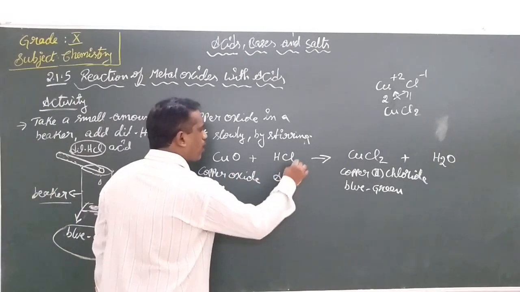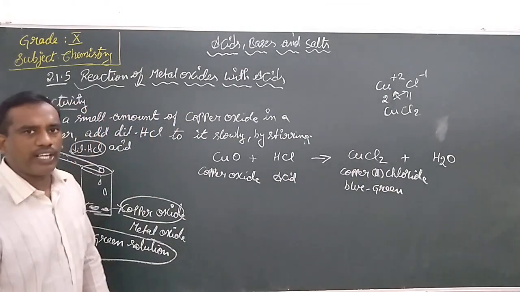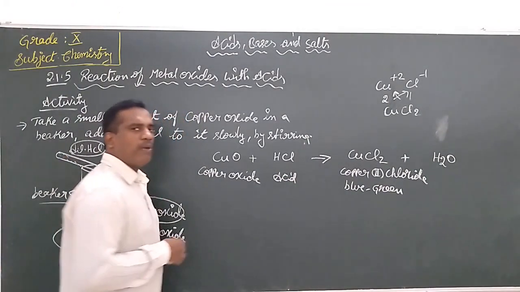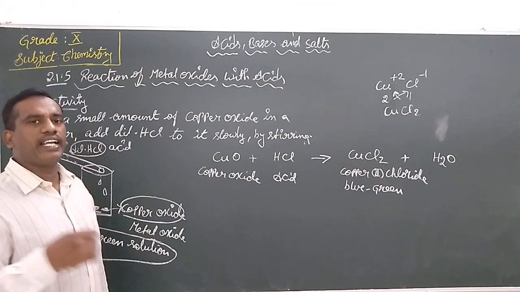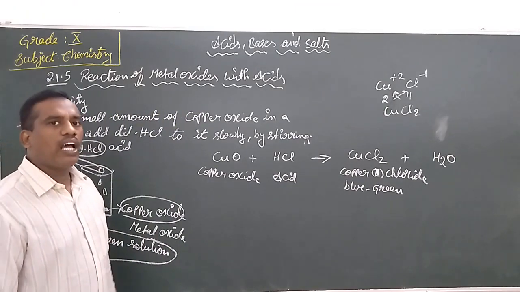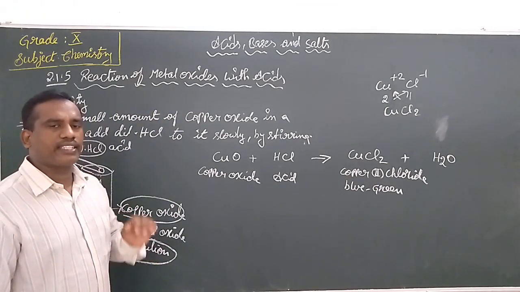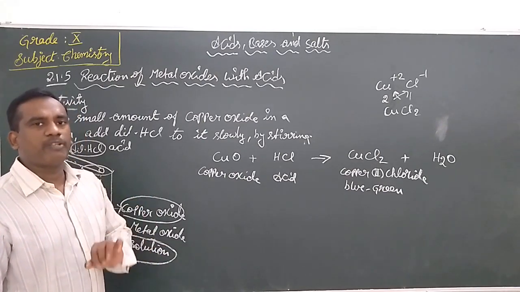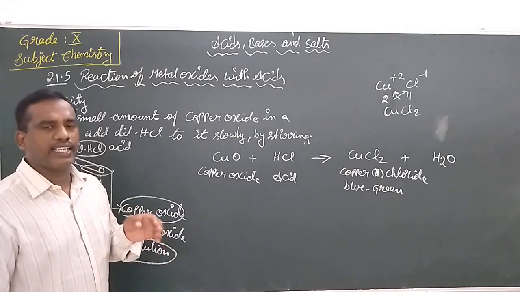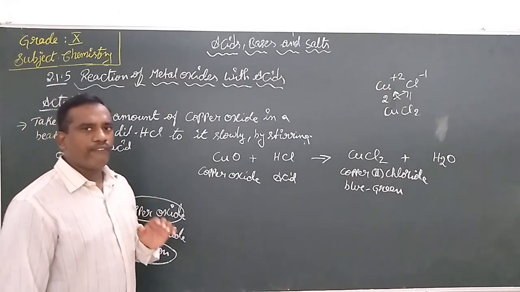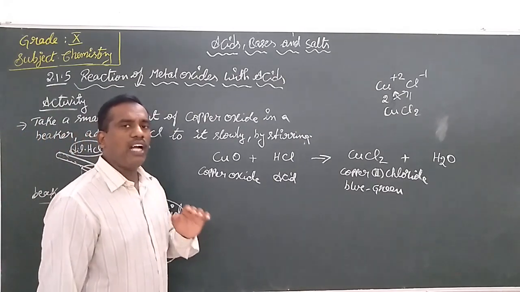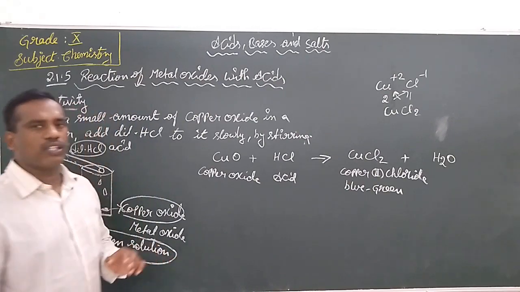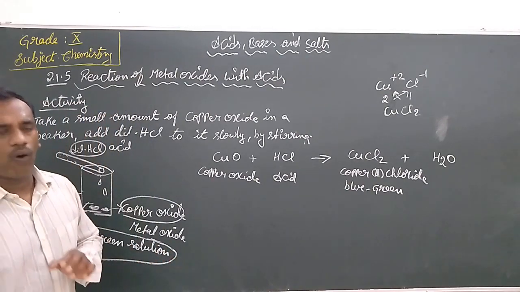We have reacted copper oxide with the acid, hydrochloric acid. Do you remember neutralization reactions? They are the reactions in which when an acid is reacted with a base, they form salt and water.